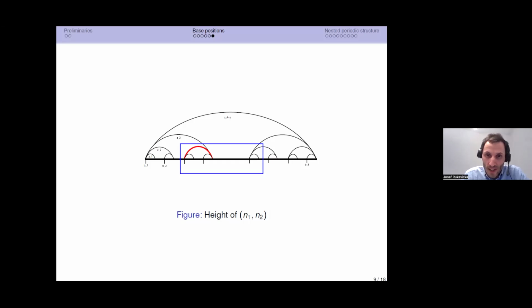So once again, no matter how many periods I have, the blue rectangle can have arbitrarily many periods. Only 8 of them are important for us when we are dealing with the intersection with base positions. Only at most 8 of them contain base positions. And this is the most essential observation of the paper.